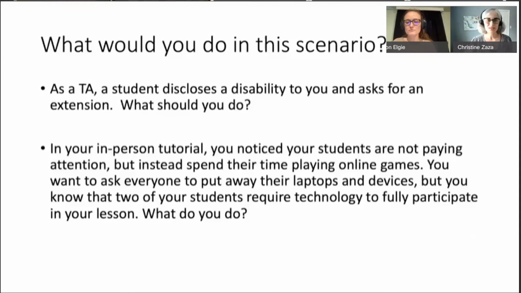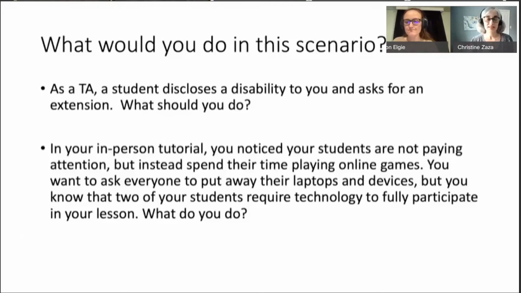An instructor does not have that background or expertise in evaluating documentation. We wouldn't expect an instructor to know what an appropriate accommodation would be for the functional limitations presented. So it goes beyond saying, I want to help my student, I want to do a good job, and just make it easy for them by providing unlimited time for an extension or unlimited test writing time.